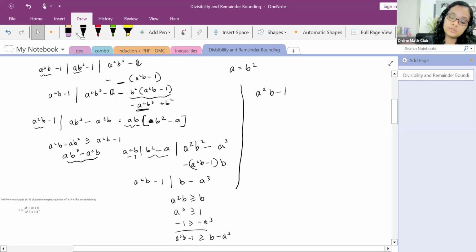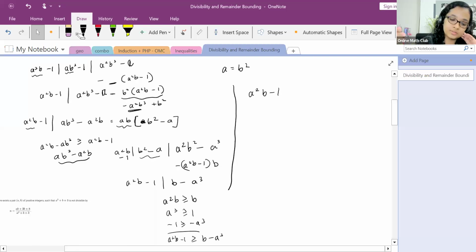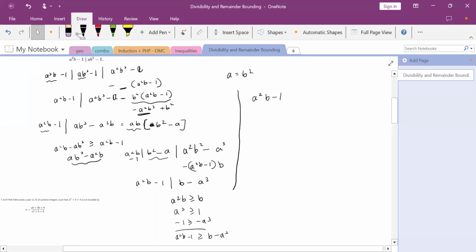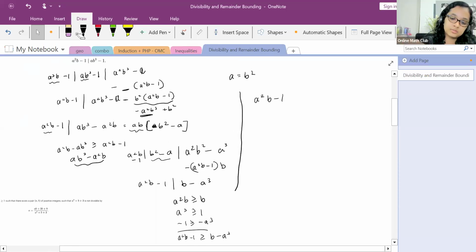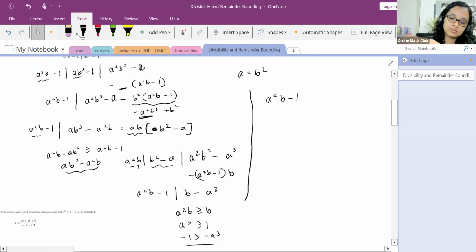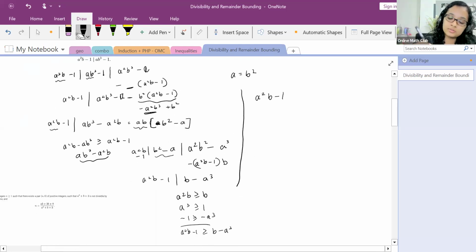Yes, but there's also the case if a cube minus b is positive, right? But you already showed that a is less than or equal to b before. Okay, you already showed that b minus a cube cannot be positive, but what if a cube minus b is positive?